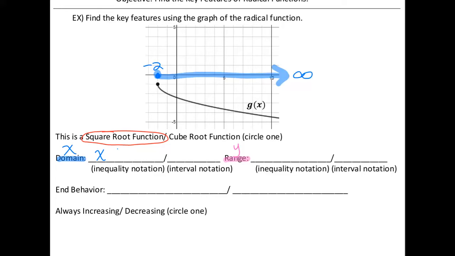Greater than or equal to -2, because it's going to the right. All those numbers are bigger than -2. And then interval will go from left to right. So -2 to infinity. So bracket -2 to infinity, parentheses.